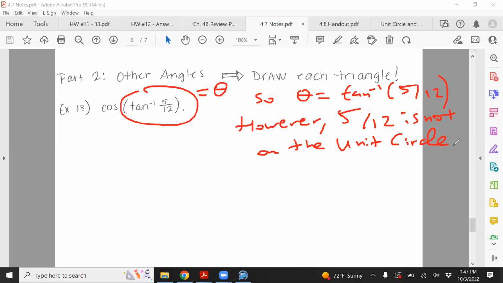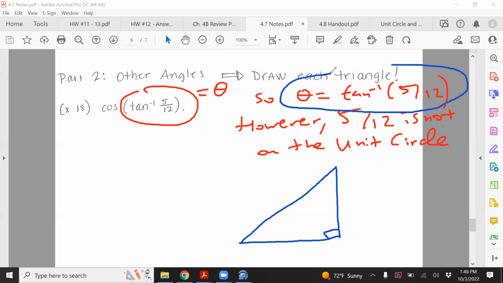Again, I can't find 5/12 on this circle. So here's what you're going to do instead. You're going to actually just understand what we're doing. We're going to draw a triangle like this. What does this mean? This means that tan theta equals 5/12.